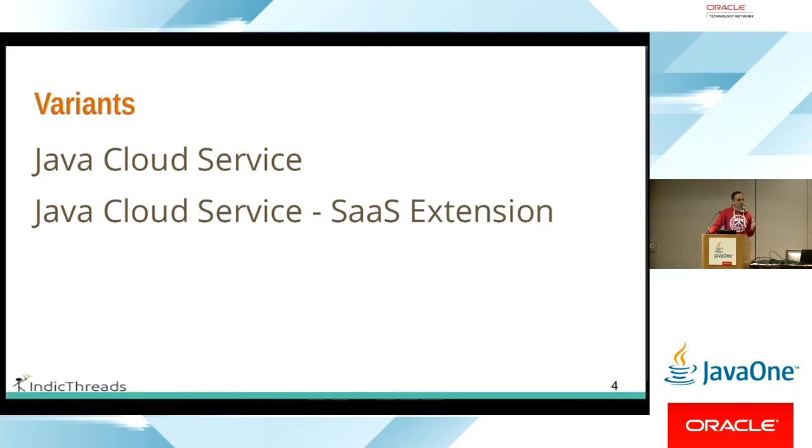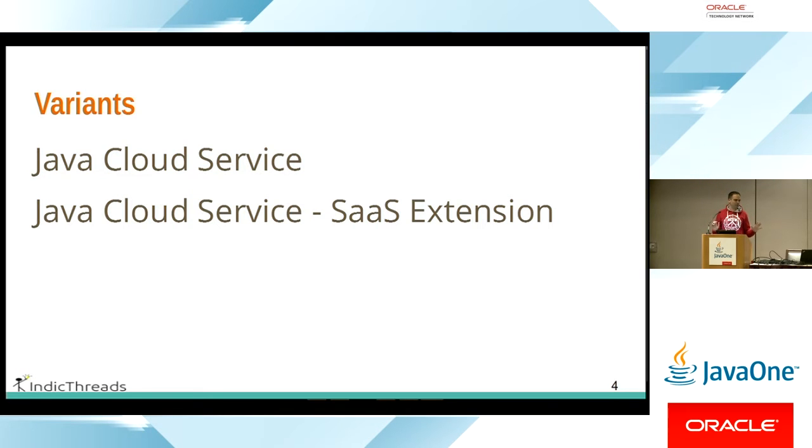But there is no stopping you from building a proper Java EE application there and running it. Although the name says SaaS Extension, for maybe 80% of Java EE cases, the SaaS Extension might be good enough. All the common APIs that you might require, servlets and JSPs and JSF and REST APIs and all the basic things, are available on the SaaS Extension as well. It's just that you don't get full control over the server and the hardware.